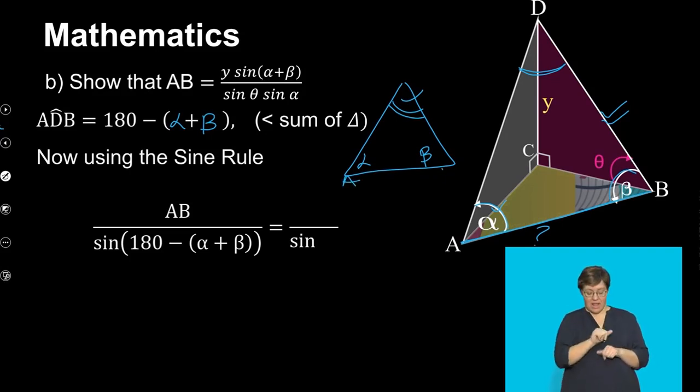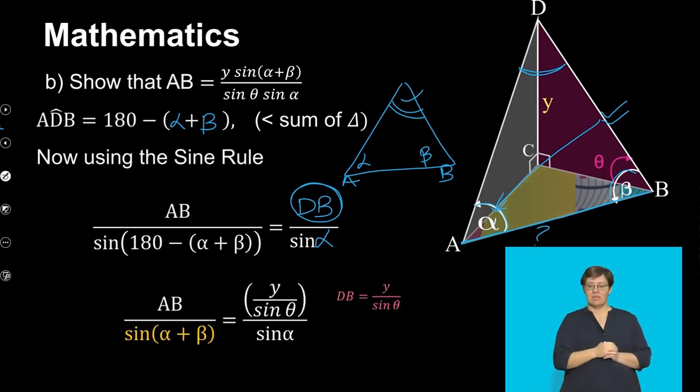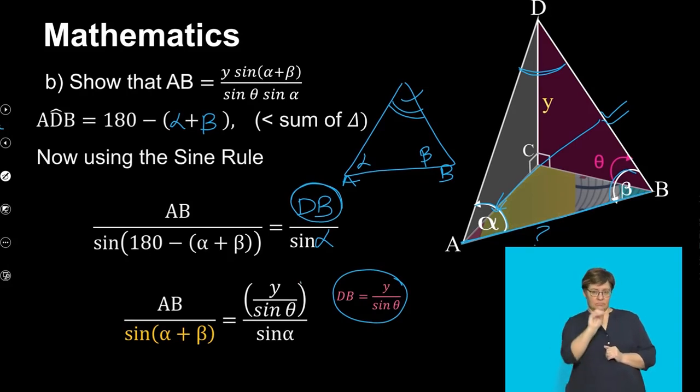And the other matching pair that we have is DB over the sine of the angle across from DB, which is alpha. Now remember, we found DB in the previous slides, and DB was equal to y sine theta. So we're just going to substitute that for DB in the same equation.